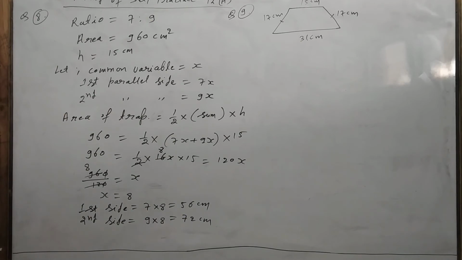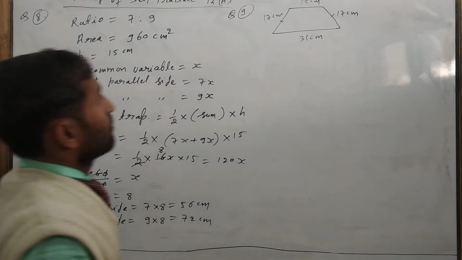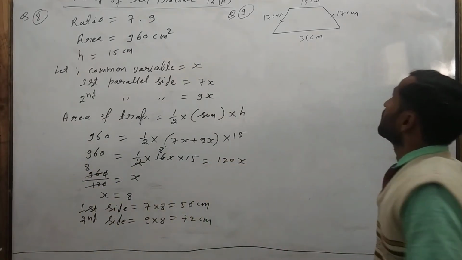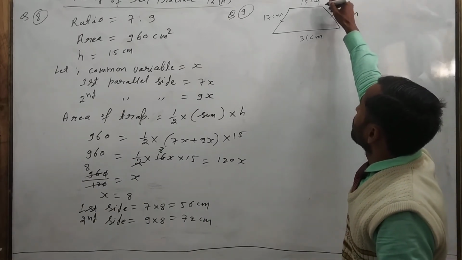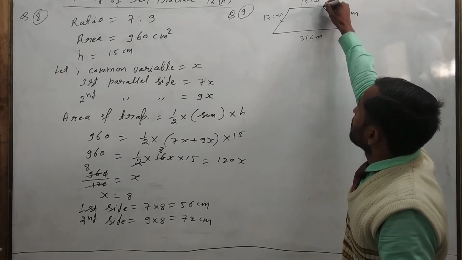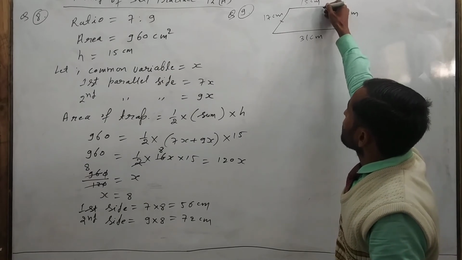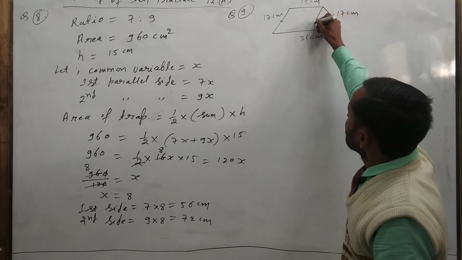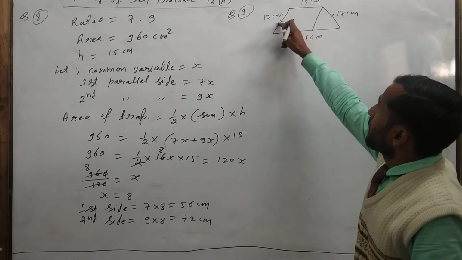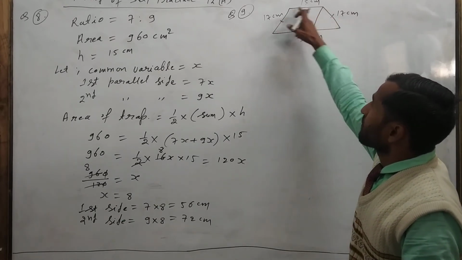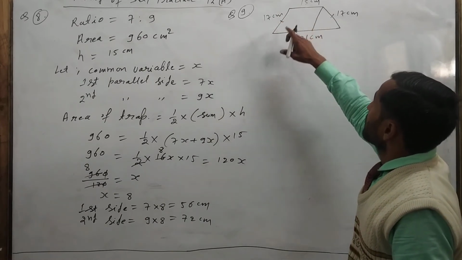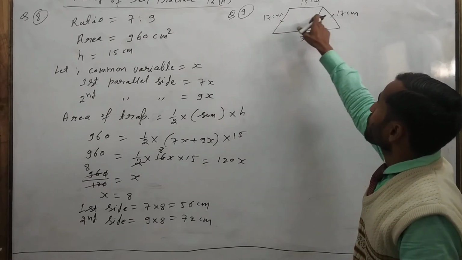So how will we find this area? What we will do in this case? First of all, just you draw here one parallel side here, again parallel to this. Okay, so this required figure will come as a parallelogram. In parallelogram, opposite sides are equal.